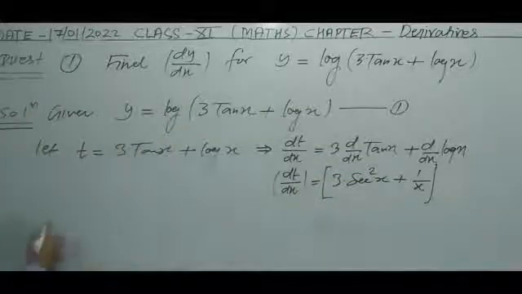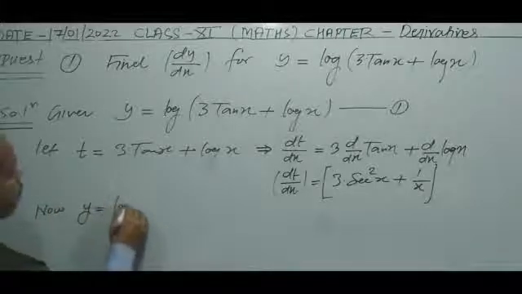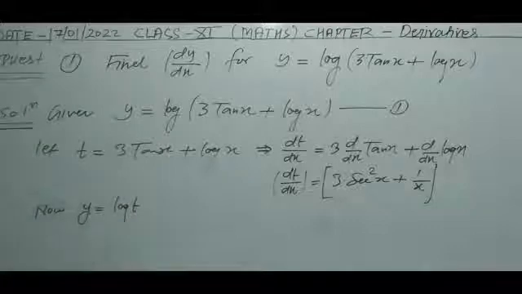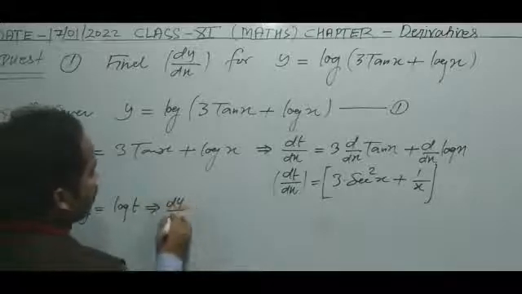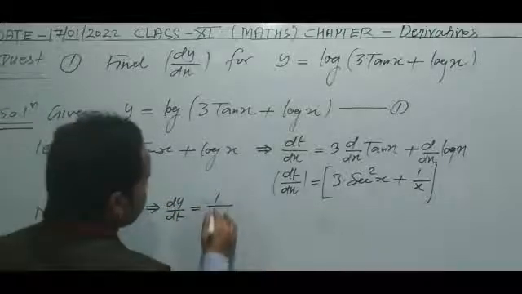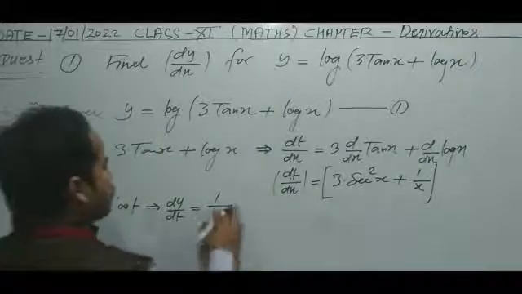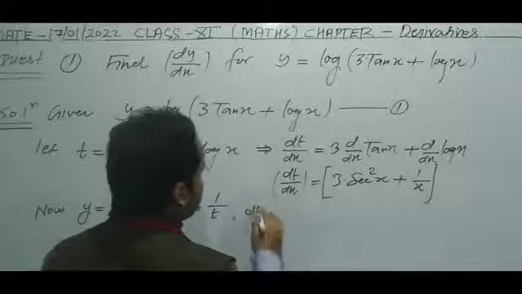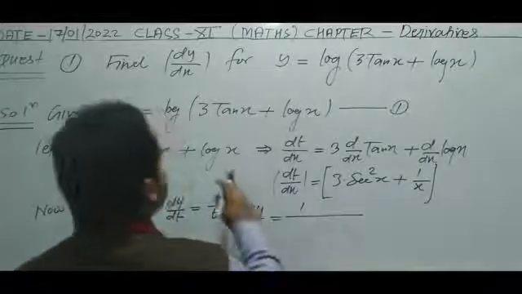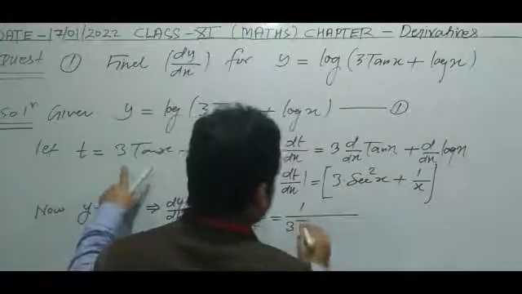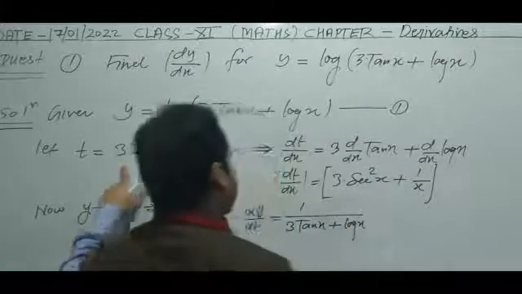Now y in terms of t we can write log of t, then dy by dt result is 1 upon t, and 1 upon t means dy by dt result we can write 1 upon 3 tan x plus log of x.